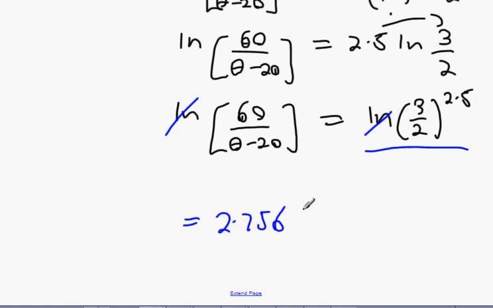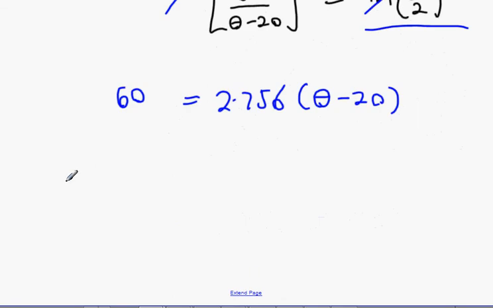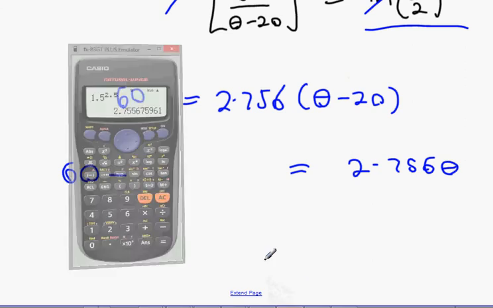Okay, so it's going to be theta minus 20 up here, and all of that equals 60. Then we're going to multiply it out, so it's going to be 60 minus, that's going to be 2.756 theta. So we're going to multiply 20 by 2.756.